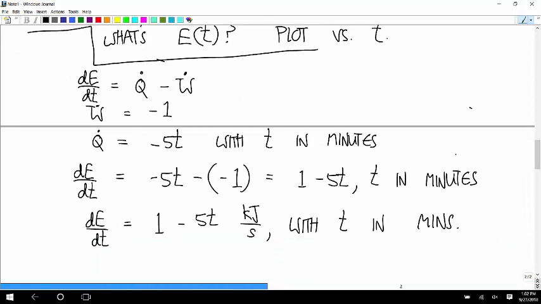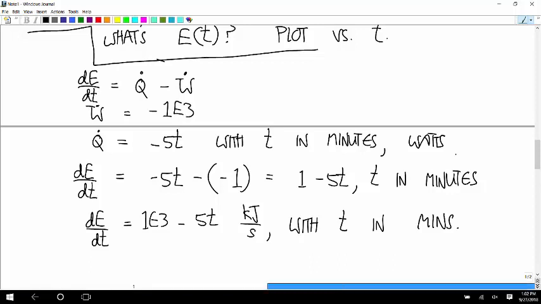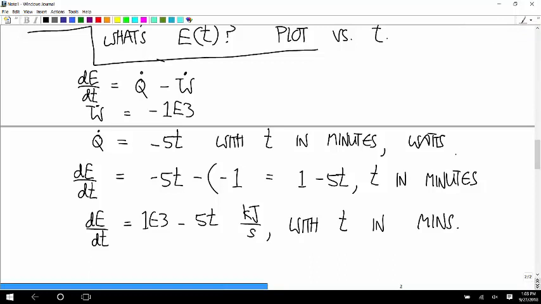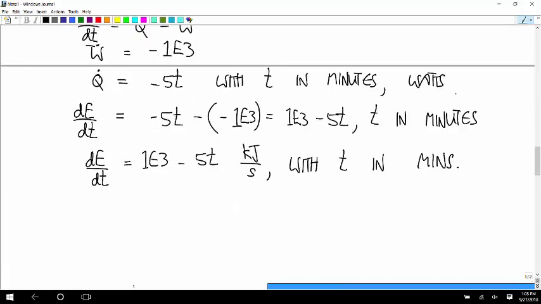So this one is just watts. Okay, so let's change this constant to 1 times 10 to the third. And this is in minutes.